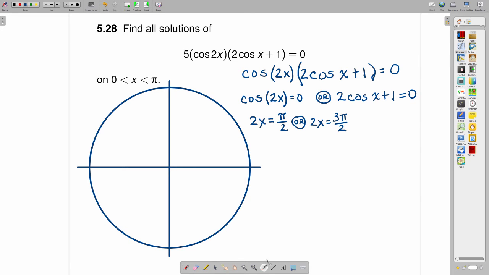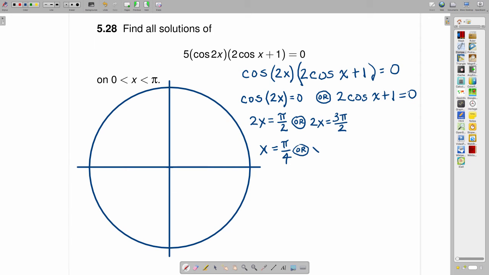The way you solve this first equation for x is you divide both sides by 2. When you do so, you get x is equal to pi over 4. And the way you solve this equation is you divide both sides by 2.